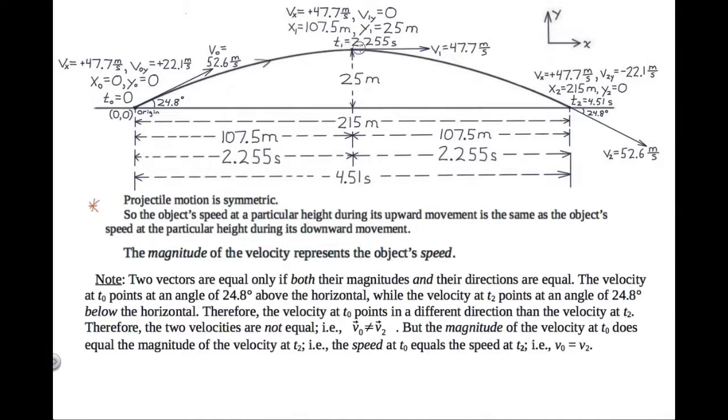Then, as the ball falls back down to the ground, its overall speed gradually increases until, when the ball hits the ground, its overall speed is back to 52.6 meters per second. To improve your intuition for how velocity and speed behave during projectile motion, I suggest that you pause the video and study this sketch.